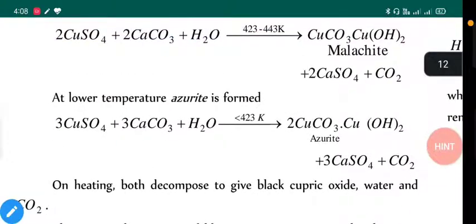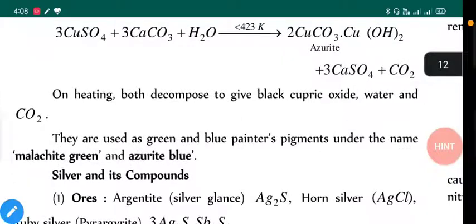So the same types of reactants in different conditions. On heating, both decompose to give black cupric oxide, water and carbon dioxide. They are used as green and blue painter's pigments under the names malachite green and azurite blue. So these are the additional points for copper, and in the next lecture we are going to discuss silver.